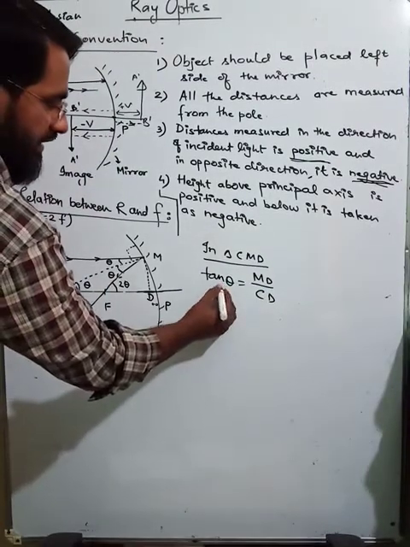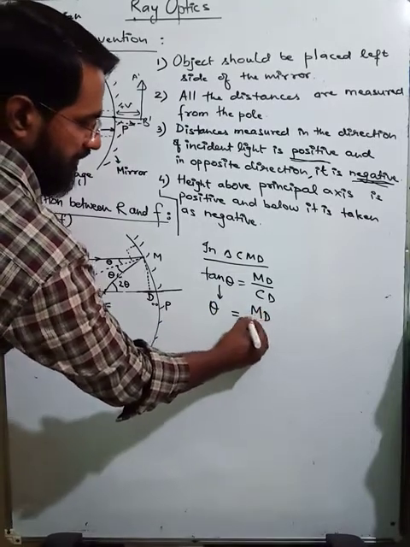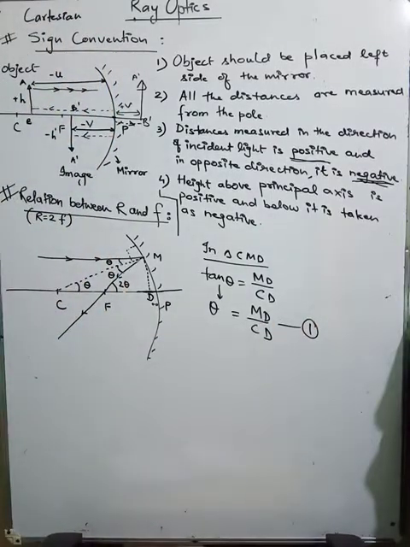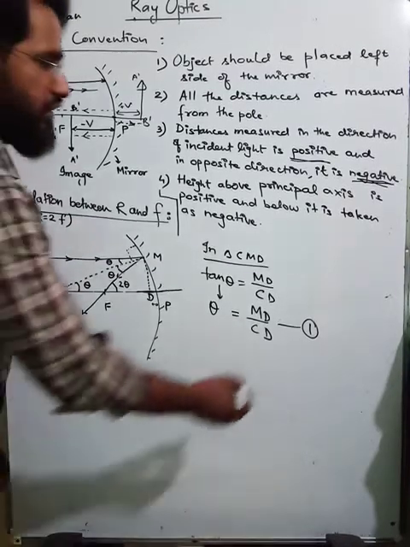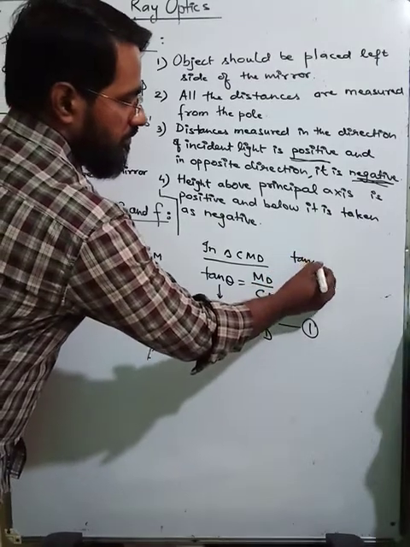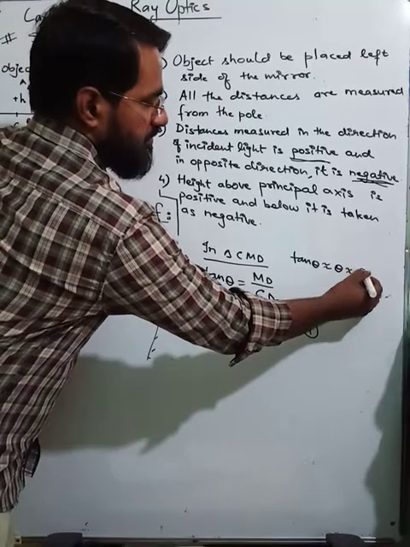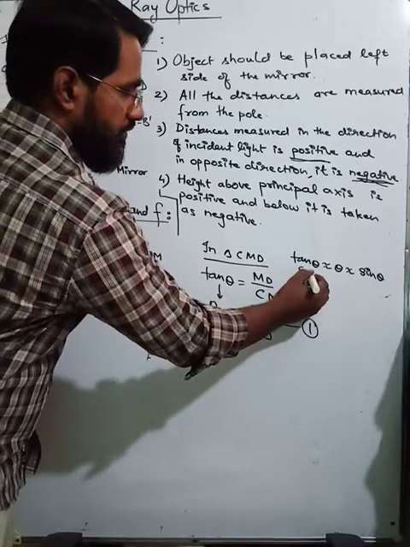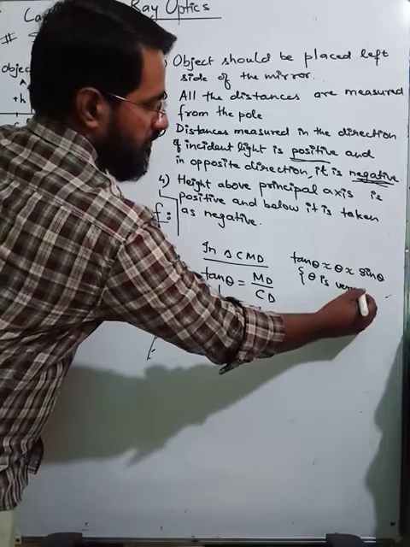We can write tan theta as equal to theta because we have taken the aperture very small and the angle of incidence very small, so tan theta can be written as theta, or sin theta, when theta is very small.